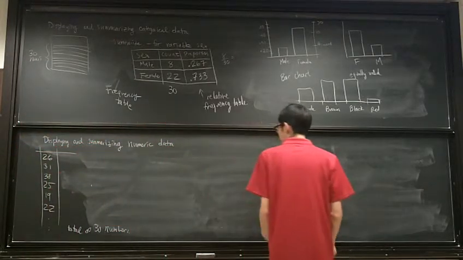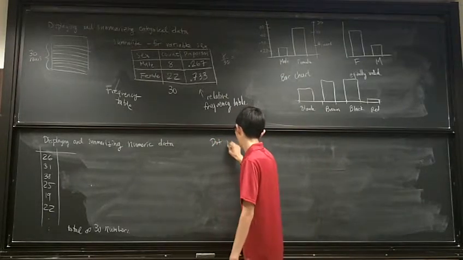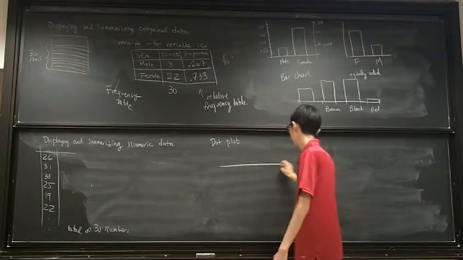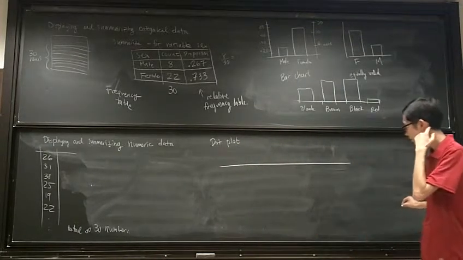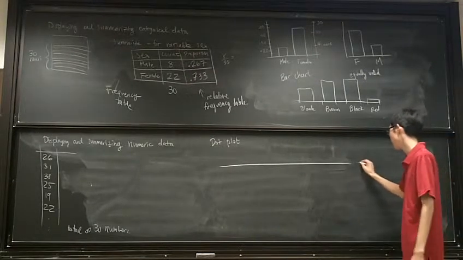One tool that I could use to display it is the dot plot. And a dot plot starts off with a number line. So we first have to create the number line.